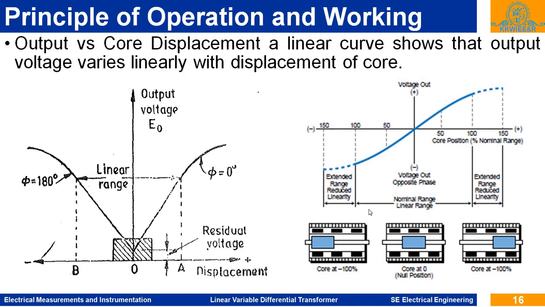When it moves in the downward direction, or the left hand side, it gives the opposite direction. There is some distance for which we get the linear relation, and beyond that there is some distortion in the output. So this is the curve of output voltage versus core displacement.